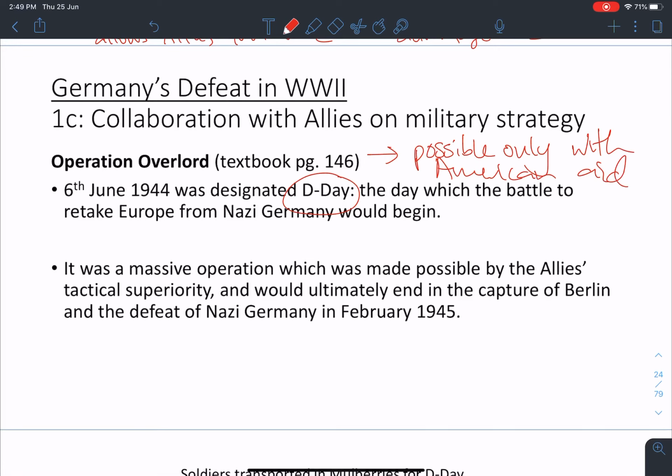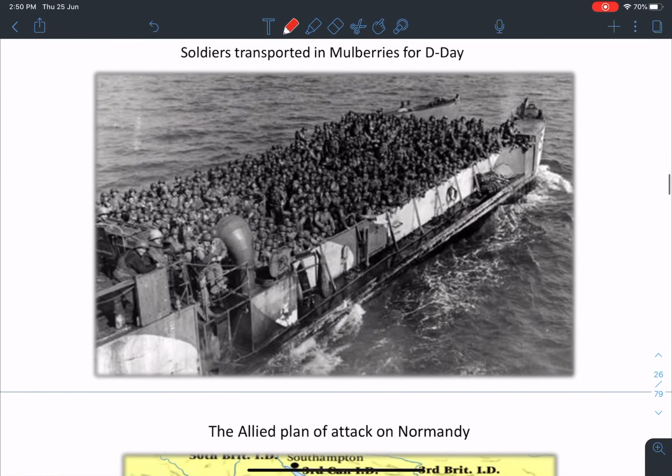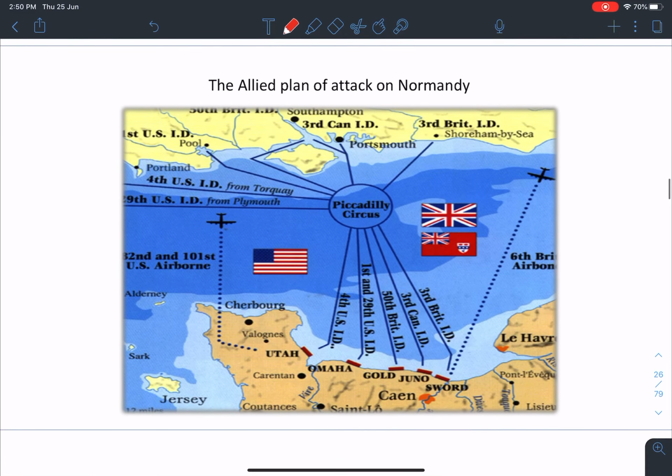Okay, it is the accumulation of all the advantages the Allies have. This is what is going on in D-Day. The Mulberries are a type of boat. This is France. This is the Channel, and this is the southern side of the UK, the south of England.